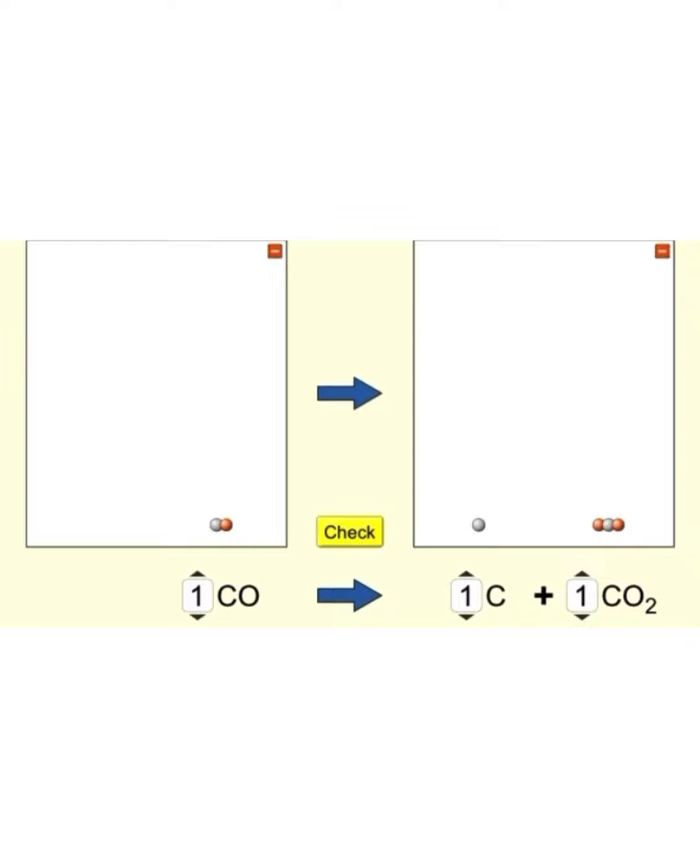The chemical equation is not balanced, so we add a coefficient that is number 2 in the reactant carbon. Now, the chemical equation is balanced because we have in the reactant 2 carbon atoms and 2 oxygen atoms. In the product, we have the same 2 carbon atoms and 2 oxygen atoms.